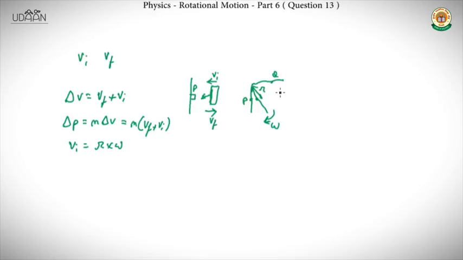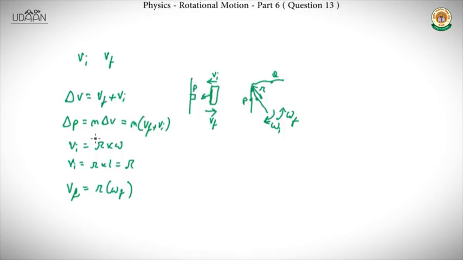Now the initial condition says that omega is 1 radian per second, so VI will be equal to R into 1, which is R. Letting the final angular velocity be omega f, we get VF equal to R into omega f, right? Now we know that delta P is equal to 6.